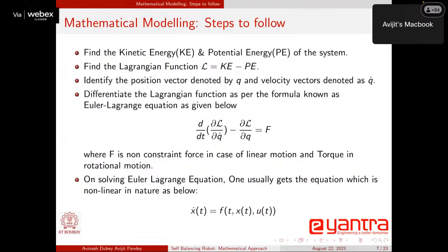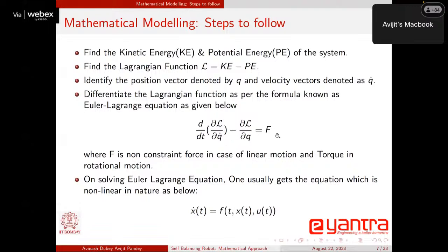And before moving further, we'll also need to calculate the Euler-Lagrange equation, which is represented as d by dt of del L by del Q dot, minus del L by del Q, is equal to F, where Q is the state of the system and Q dot is the rate of change of state of the system.